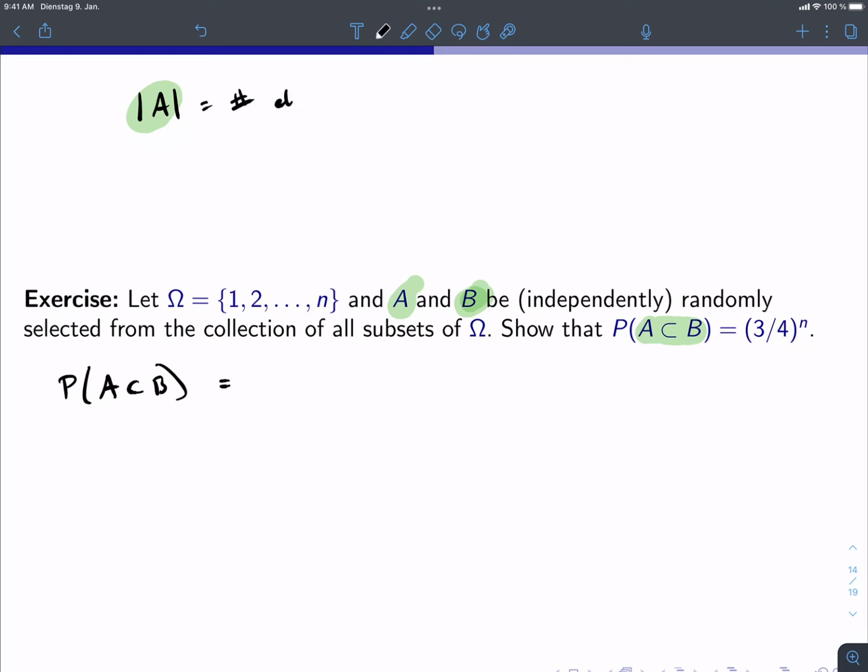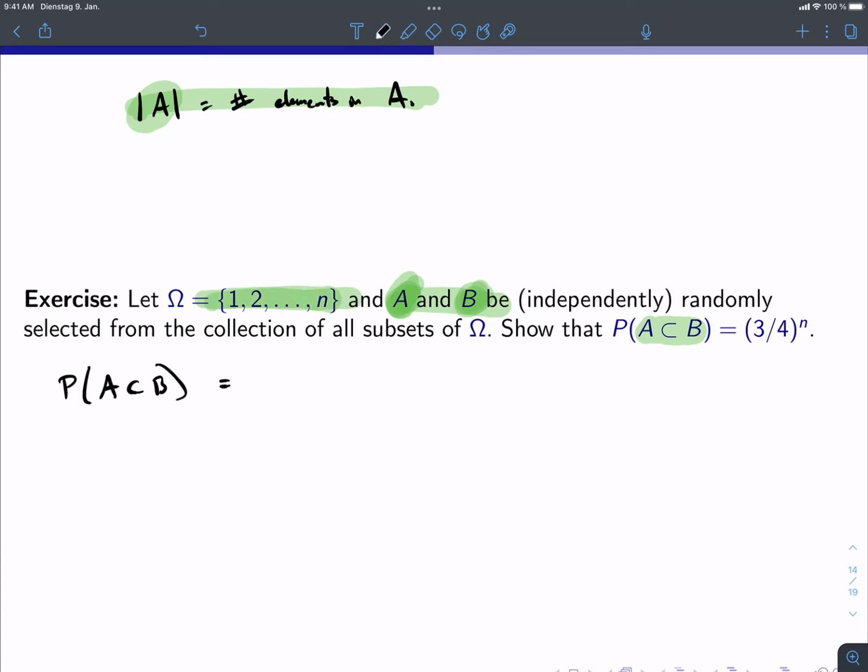So this is the number of elements in the set A. If I imagine a way to partition the possibilities here, I can imagine A being of any cardinality from 0 all the way up to n, and B could have cardinality from 0 all the way up to n.